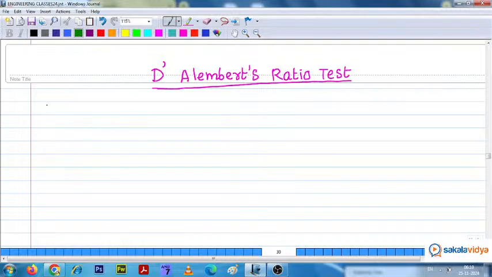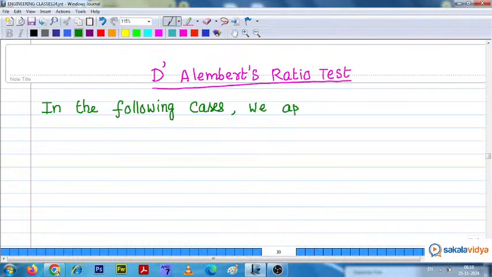In the following cases we apply D'Alembert's ratio test to test convergence or divergence.